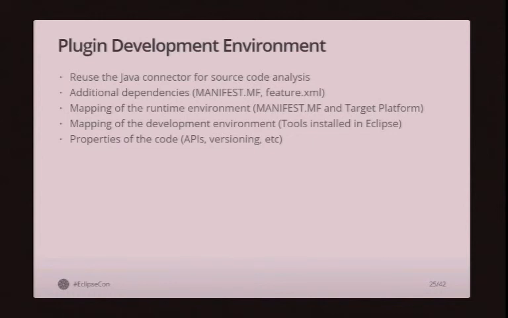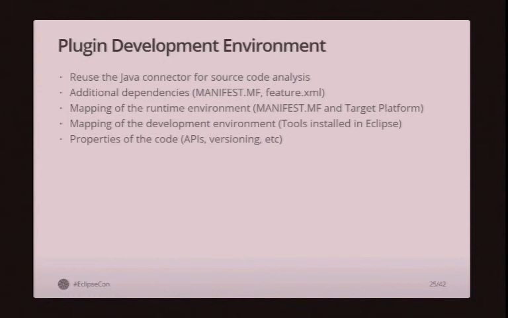It will realize a mapping of the whole runtime environment using the target platform and the API baseline configured in your Eclipse. It will also realize a mapping of the development environment, so all the tools that you are using and their project-specific configuration for the selected project.